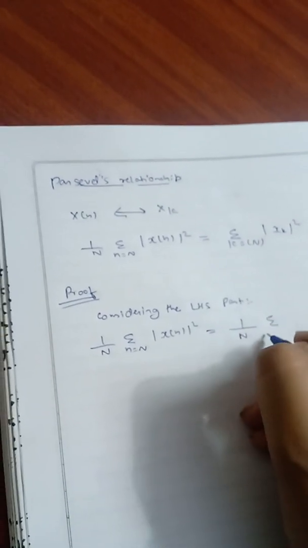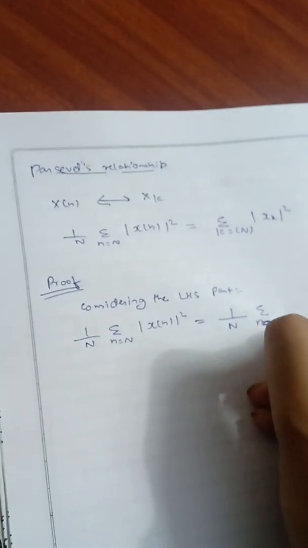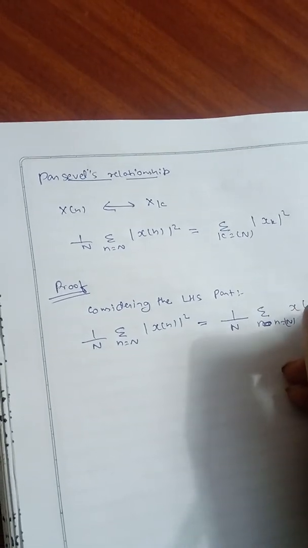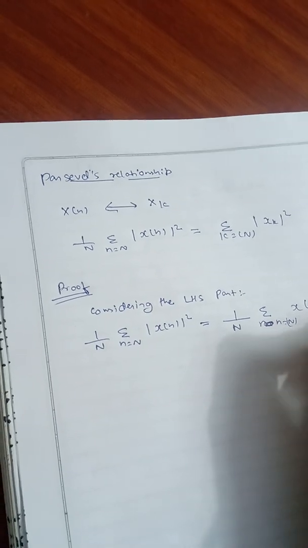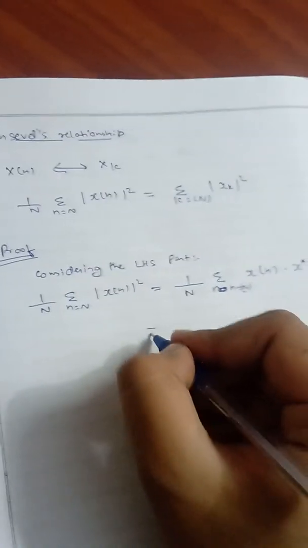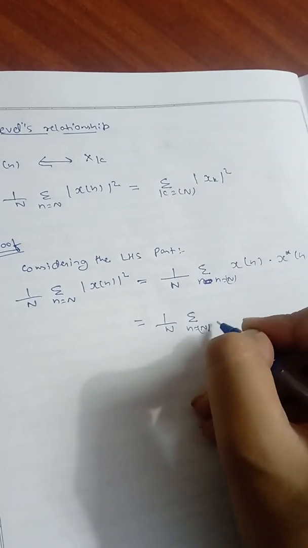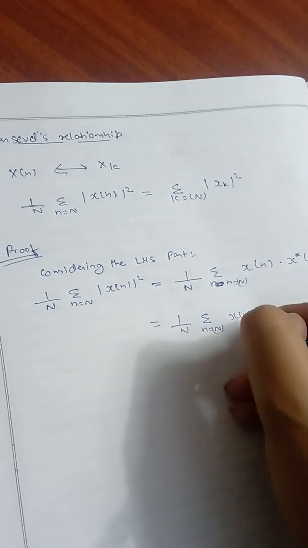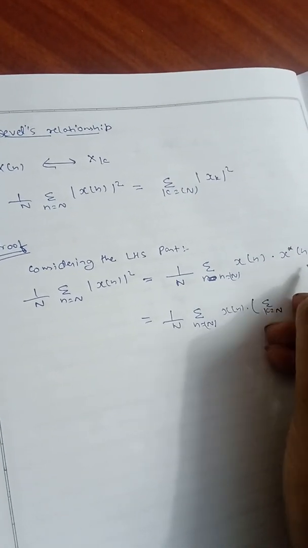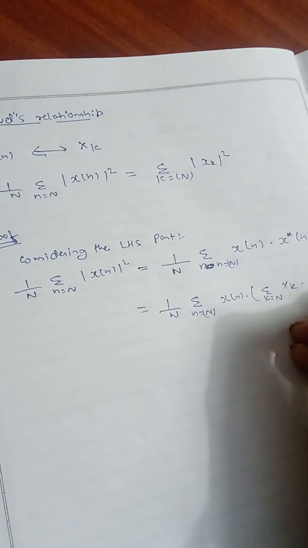and it can be written as summation over n equals n of x of n into x complement of n. We put this x of n out of the bracket, and we would write the value for the x complement of n as x of k into e raised to the power j k omega naught n.